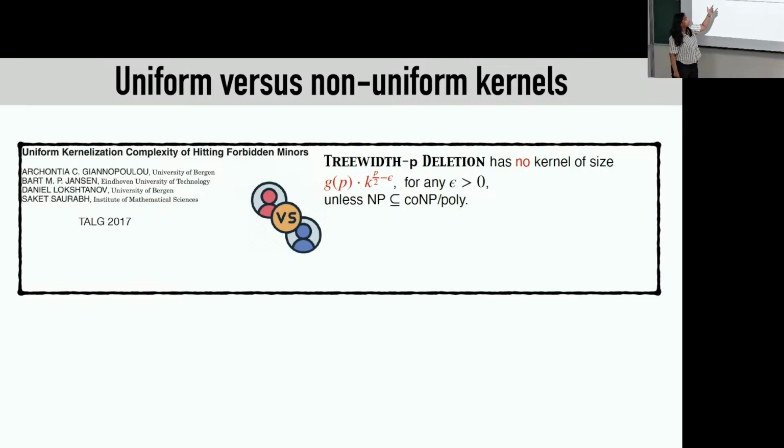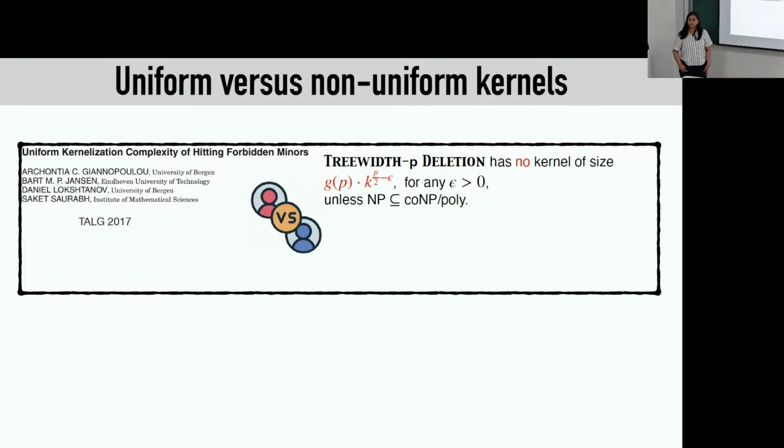So for example, if I looked at treewidth-10 deletion, this problem does not admit a kernel whose size is better than order k to the 5, since p is 10. Whereas treewidth-100 deletion does not admit a kernel whose size is better than k to the 50.